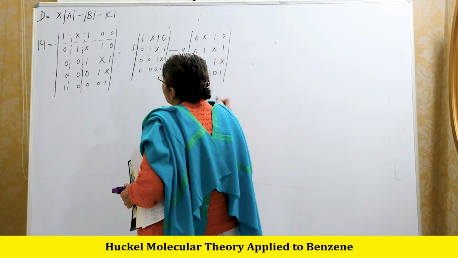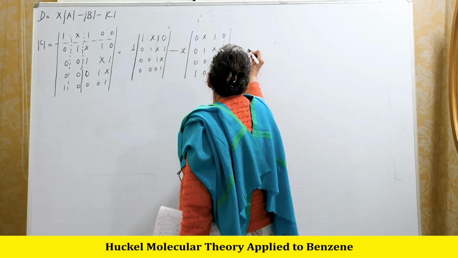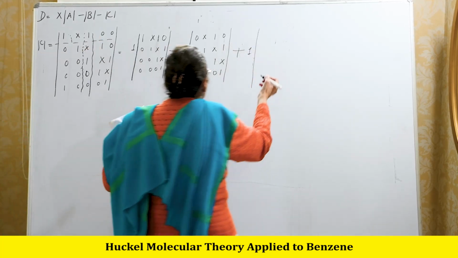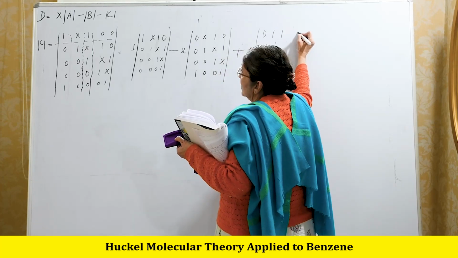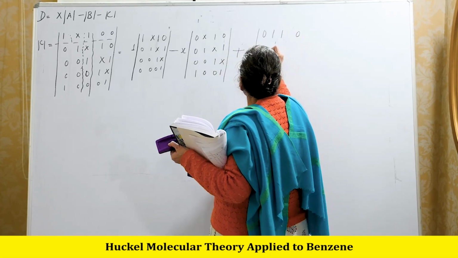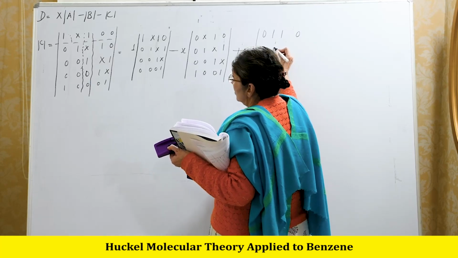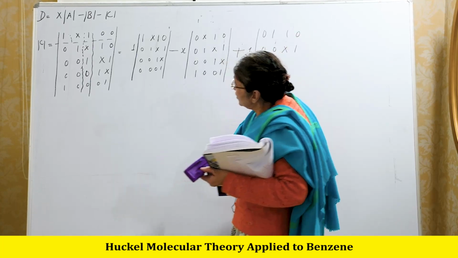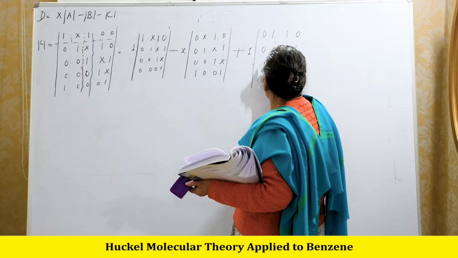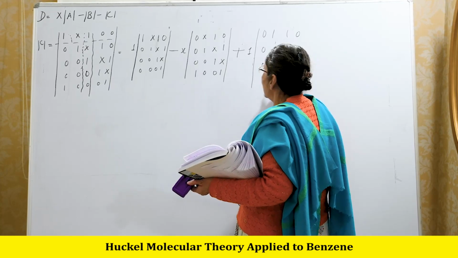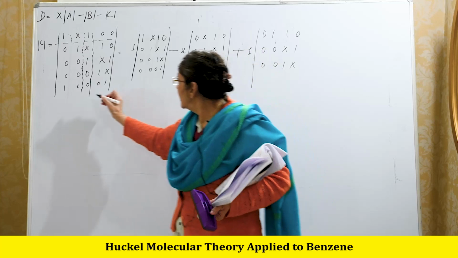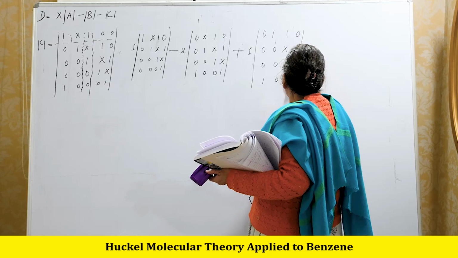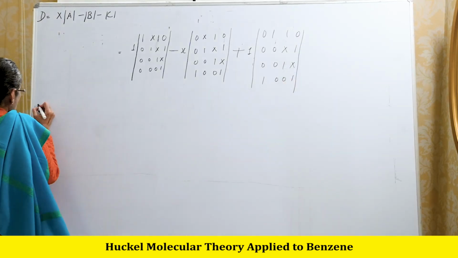This is minus x, and again plus 1, plus 1: 0 1 1 0 0 1 1 0 0 0 x 1 0 0 x 1 and 0 0 1 x 0 0 1 x and 1 1 0 0 1.